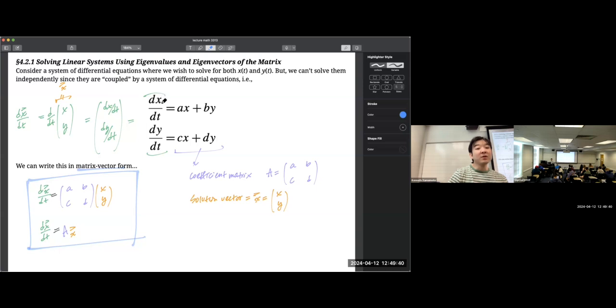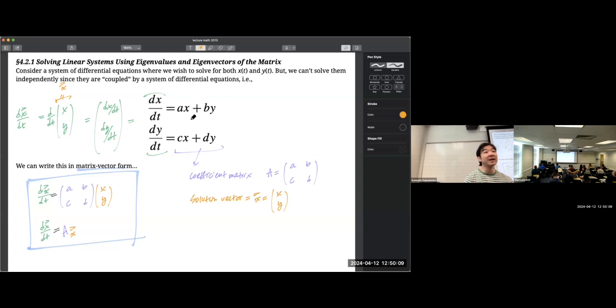I need a solution form for x and y such that you have hope of making the left and right-hand sides equal, which means I need a solution form for x whose derivative resembles itself, x and y. Is there anything? Yeah, e. You want an exponential function, because the derivative of an exponential is an exponential. x and y will both have to be exponentials, and they have to be the same exponential.